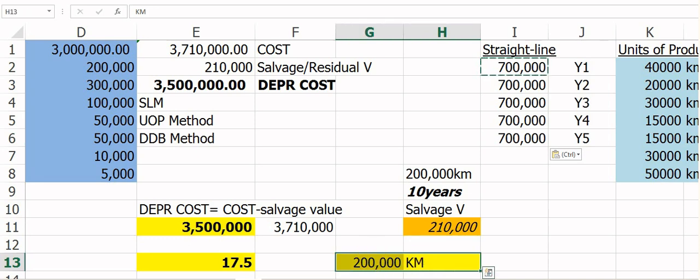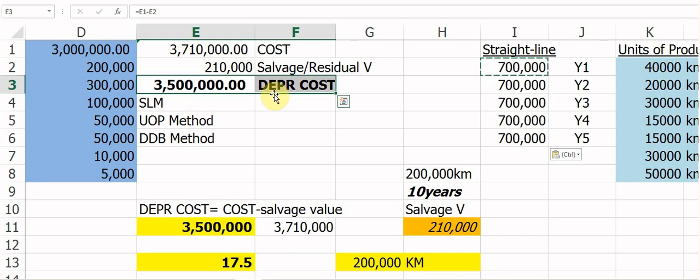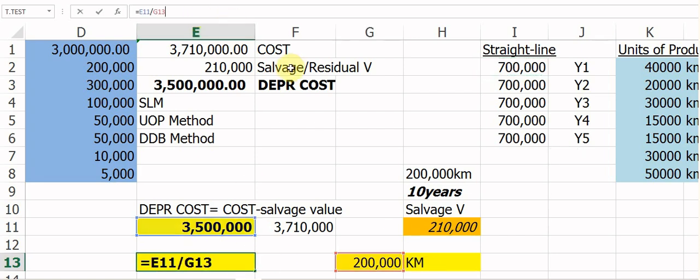So instead of putting the life of the machine in years, I'm putting it in units. What I need to know now is the per unit depreciation cost. So I take the 3.5 million and divide it by the 200,000 kilometers, and I get 17.5 per kilometer.